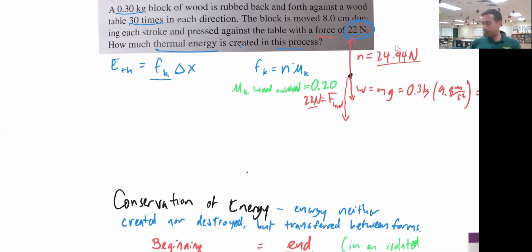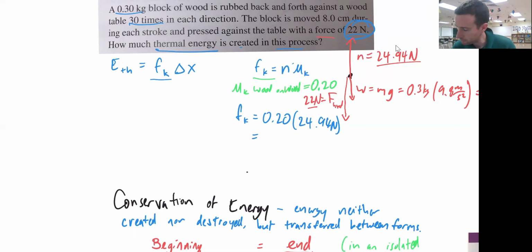So now I could say that that force of kinetic friction is 0.20 times my normal force, 24.94 newtons, which equals 24.94 times 0.2, 4.988.